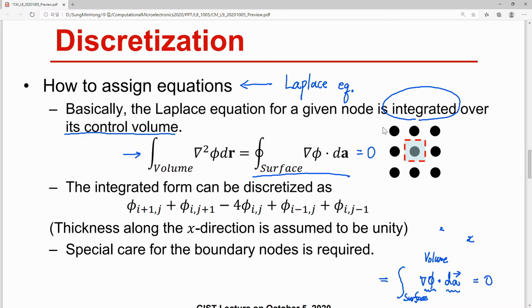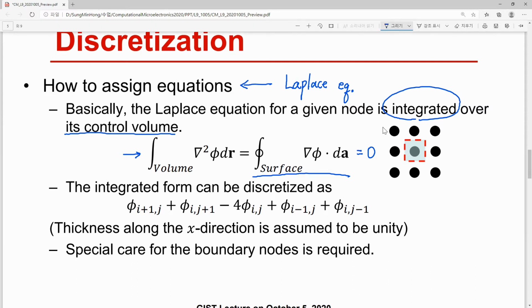So now we wanted to make a discretized form of this surface integral. How can we do that? Let's just convert it to the discretized form shown here. Since we have surfaces here, first, second, third, and fourth, we have 4 surfaces.